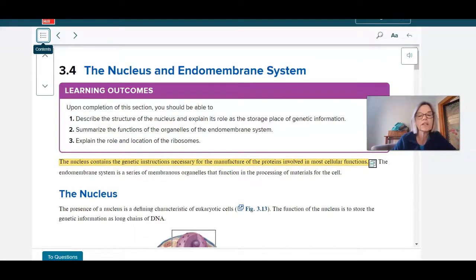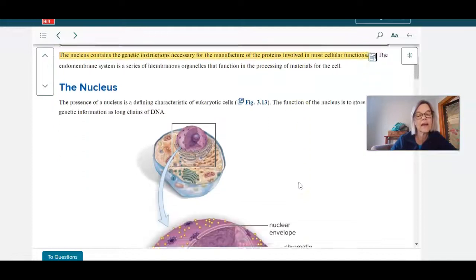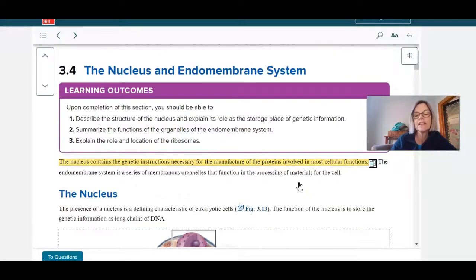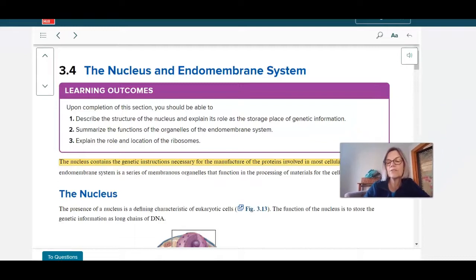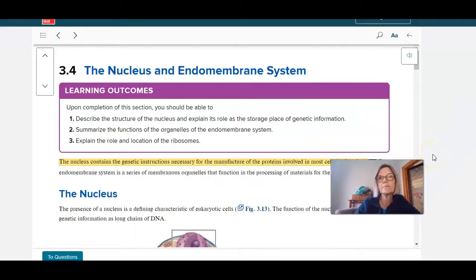So I'm going to continue my discussion about DNA and RNA and proteins, and just wanted to touch on the concept of chromosomes. The nucleus contains the genetic instructions, the DNA, necessary for the manufacture of proteins. One of the videos I gave you said that if you took any one of your cells, say a skin cell, and unraveled all the DNA in there, you would have a molecule that is 2 meters long.